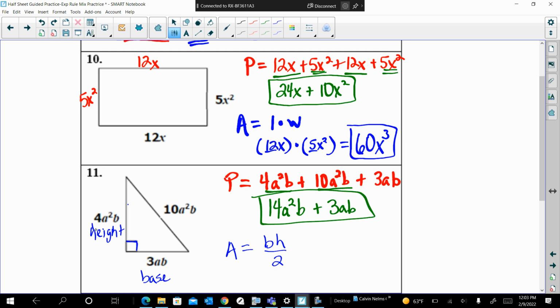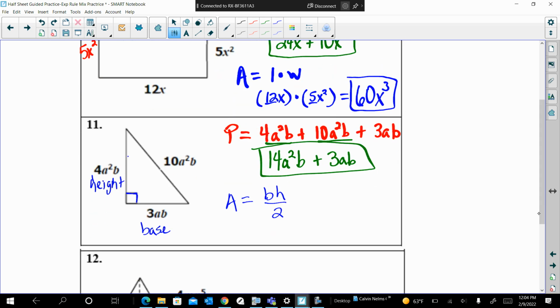So we're going to substitute those parts into the formula. 3ab for b, in parentheses, times our 4a squared b, and then divided by 2. You have to do the multiplication first. So when I simplify the top, it becomes 12a to the third power b squared.